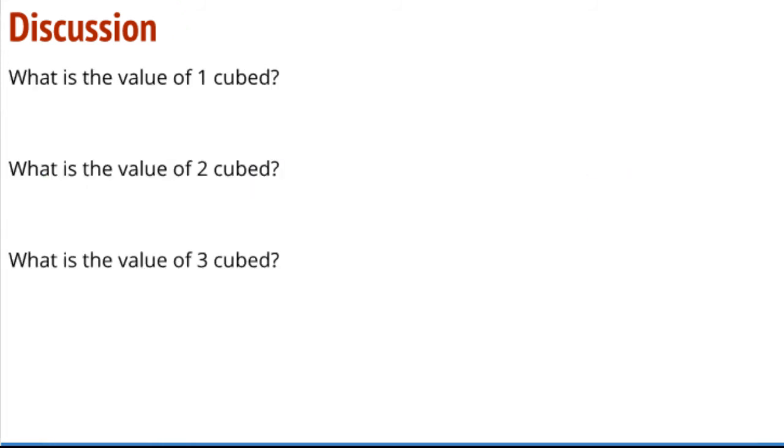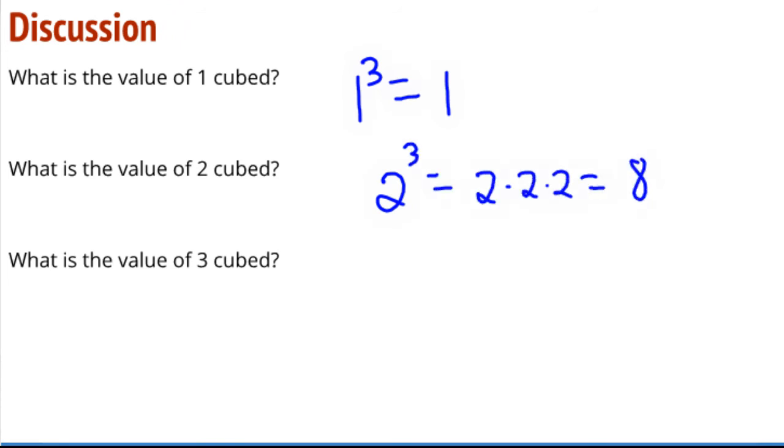So the value of 1 cubed, well, 1 raised to the third power is 1. Value of 2 cubed, 2 times 2 times 2 would give us 8. And the value of 3 cubed, 3 times 3 times 3, which would give us 27.